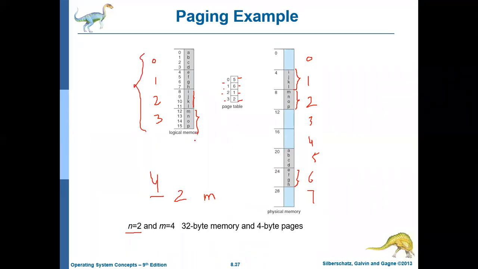How many pages are there? 4 pages. How many bits will be required by these pages? 2. So total bits for pages and offsets are 2 plus 2, that is 4. Total bits are 4. In a 32-byte memory, we can easily understand that we have 8 different blocks of 4 bytes each.